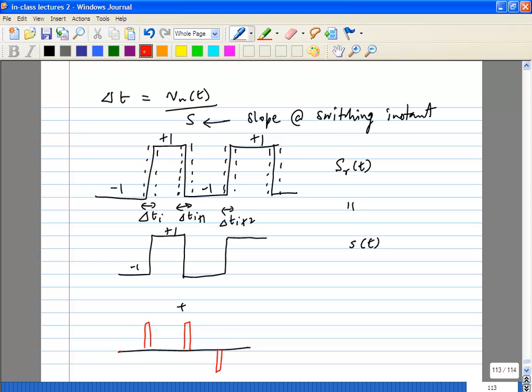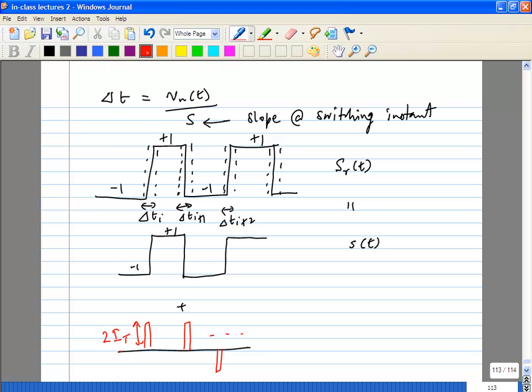Okay, and what's going to happen is the sign of these pulses is going to be either plus 1 or minus 1 depending on the actual value of Vn of t at that time. The height of these is always going to be 2 It.